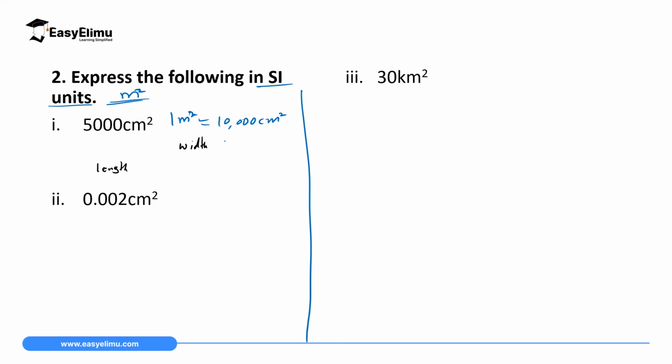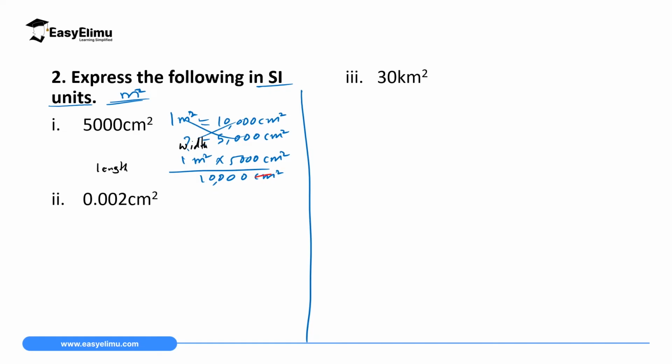Now we have been given 5,000 square centimeter. How many square meters are there? Because in SI unit we are going to give it in square meter. So in this case, we will cross multiply. We will have 1 square meter times 5,000 square centimeter over 10,000 square centimeter.